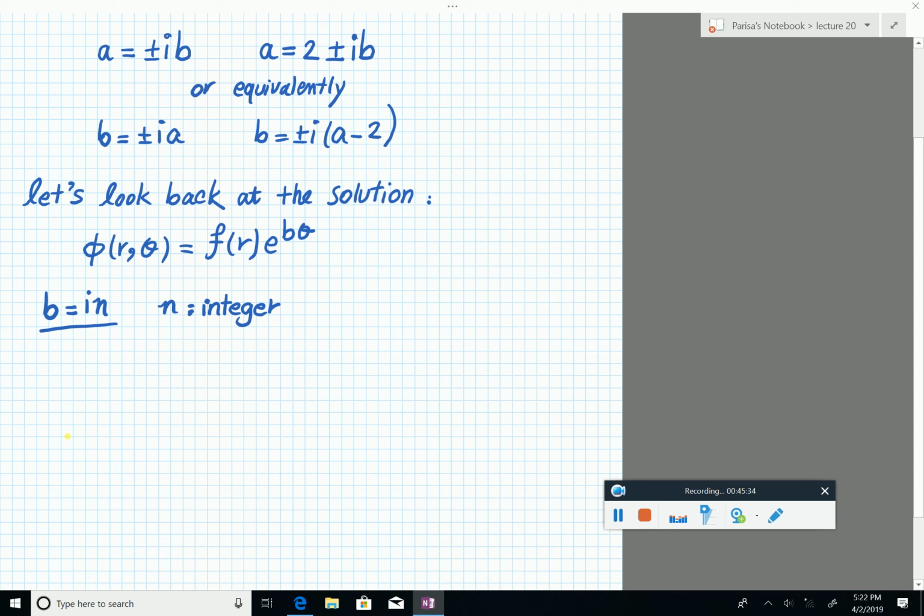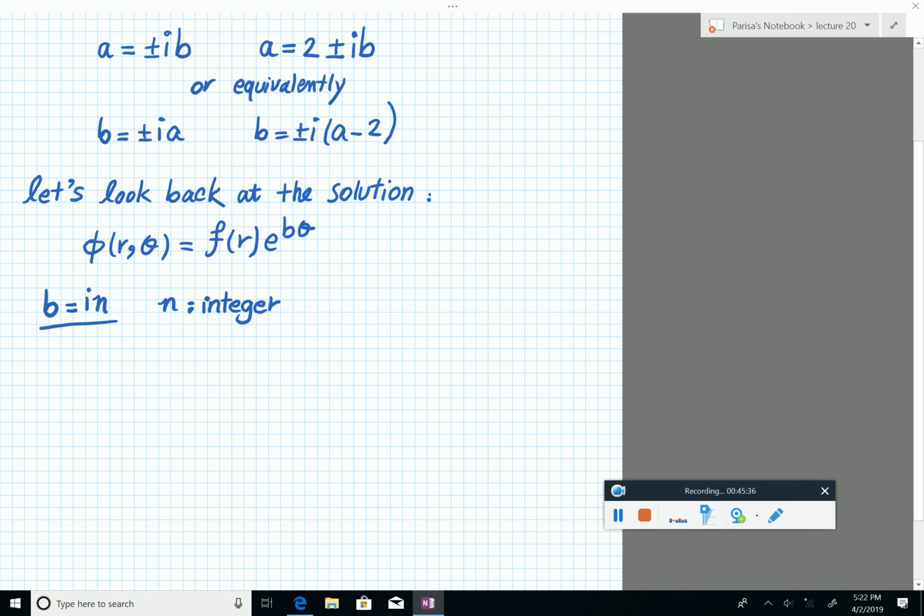And if you look at A, basically that would, if you just substitute for B, A becomes an integer.